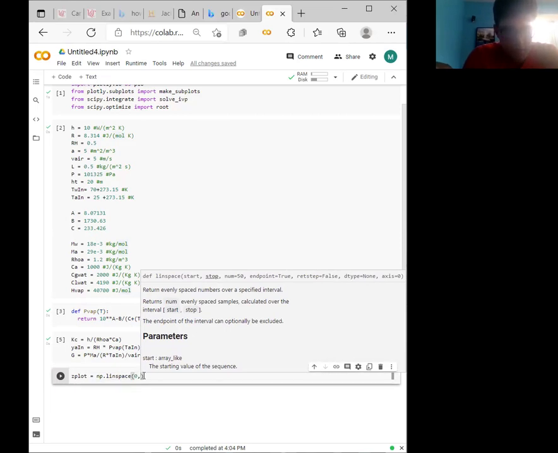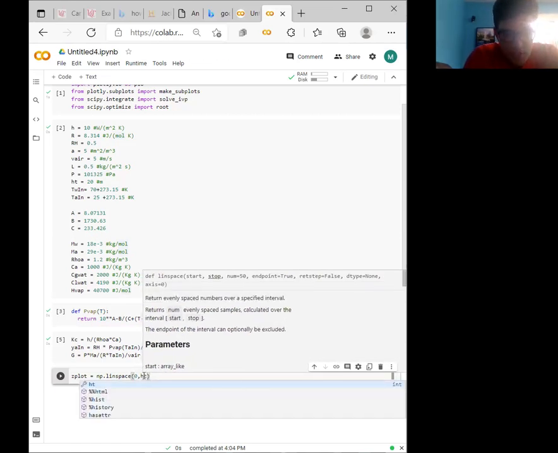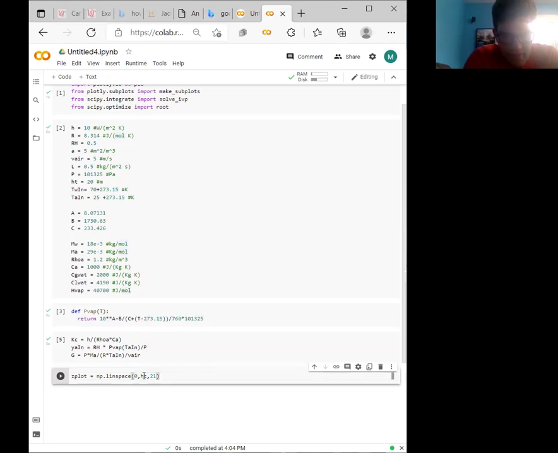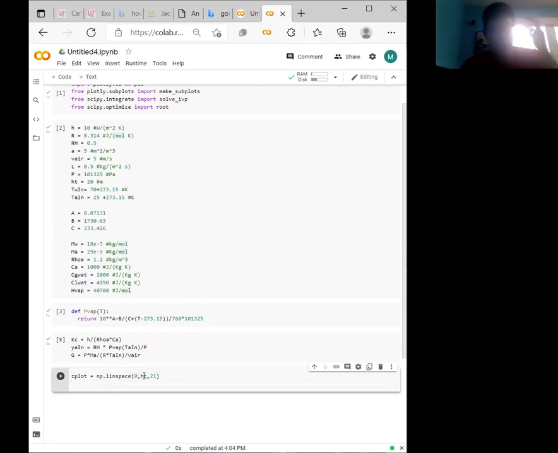But the thing is, we need to also put our variable of height in, which we define as HT. So it's 0 height and then 20. Yep. And that should be good.